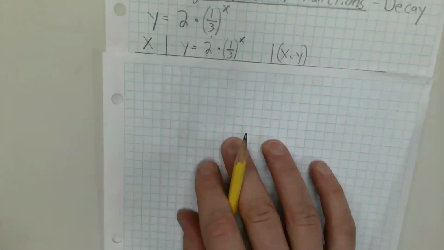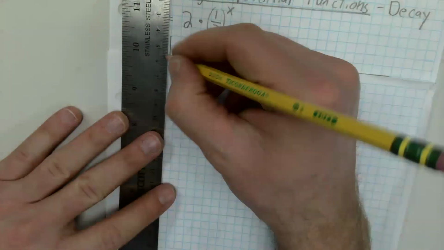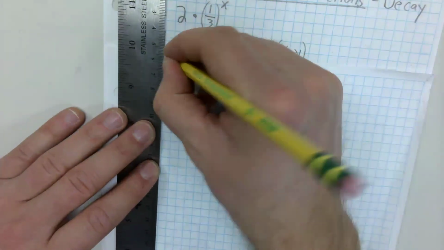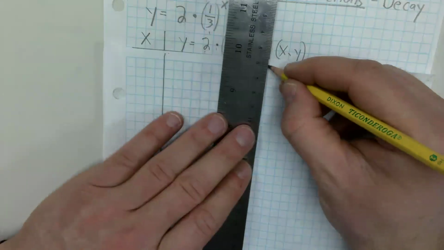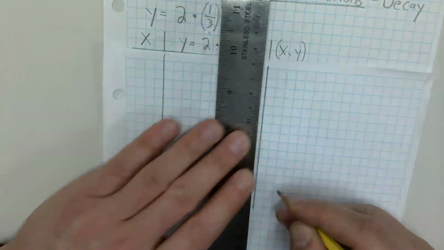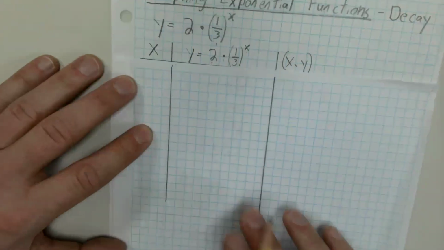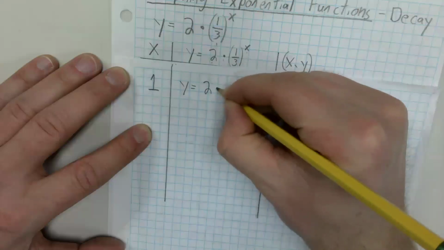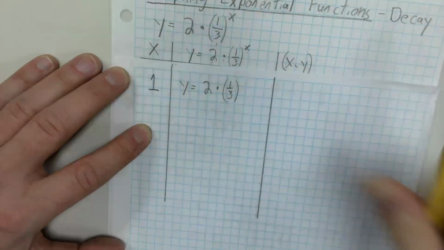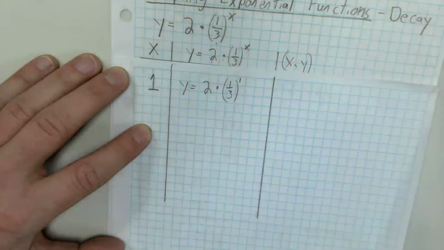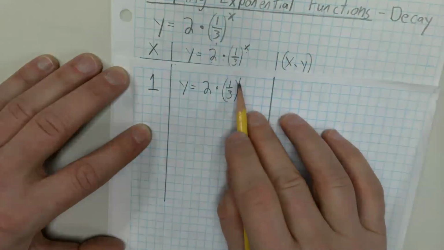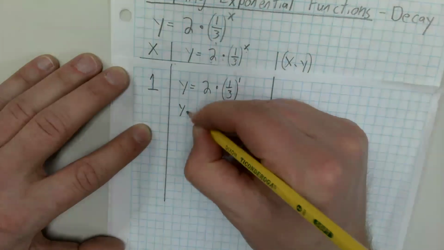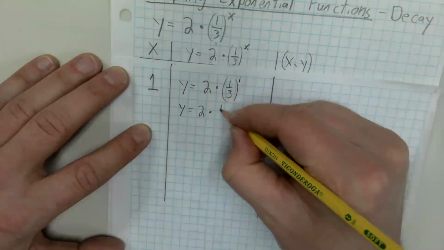After 0 is 1. So I'm going to do y equals 2 times 1 over 3 to the first power. So anything to the first power is just the base. So this becomes y equals 2 times 1/3.